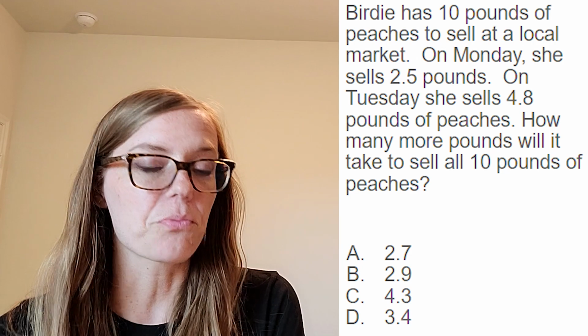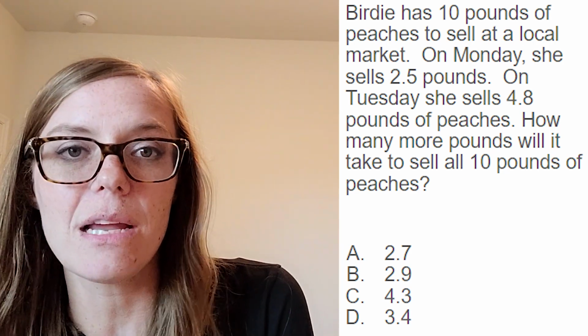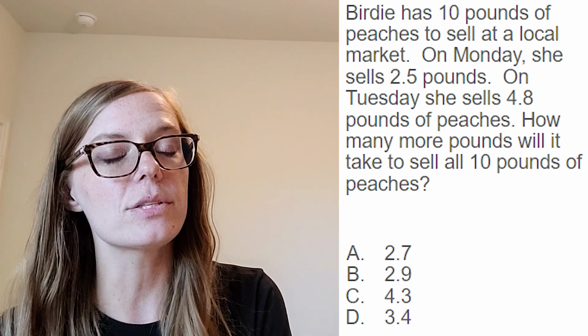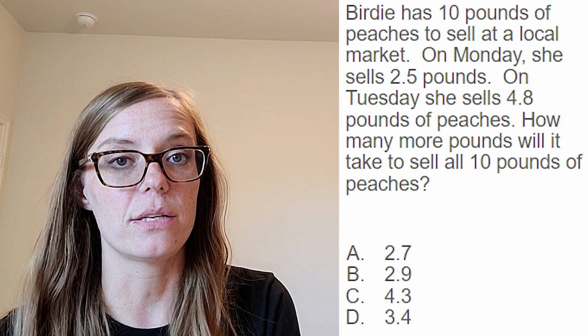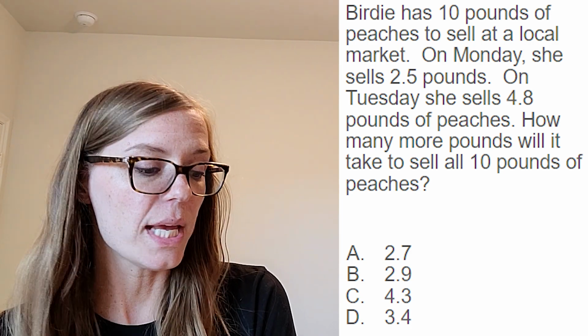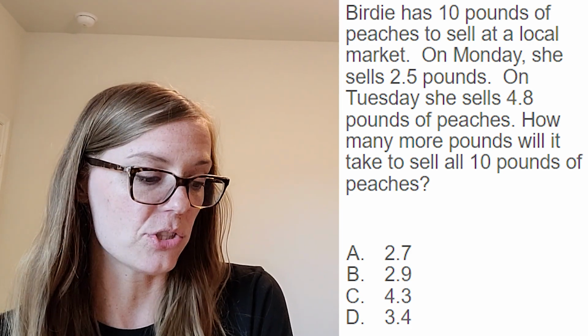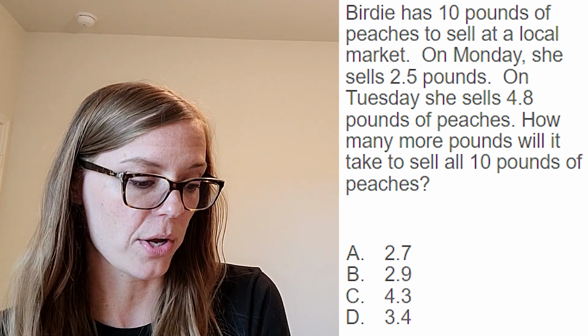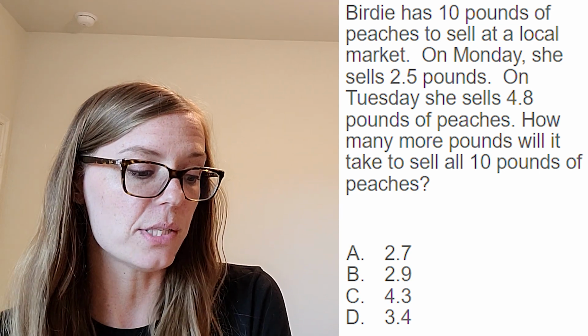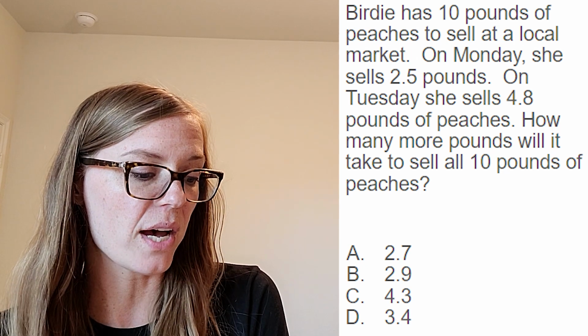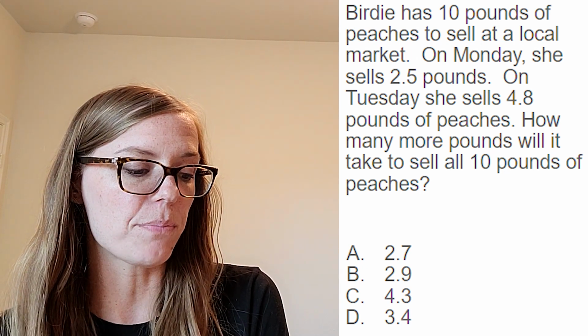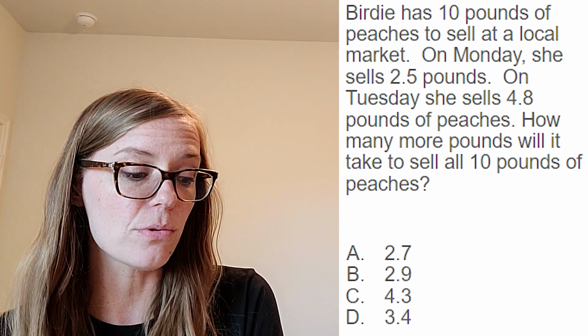Now, I like to read the problem again, and this time I'm looking for things to highlight that would help me solve it. Okay, so Birdie has 10 pounds of peaches to sell at a local market. On Monday, she sells 2.5 pounds. So I'm going to stop there, and I'm going to highlight two things.